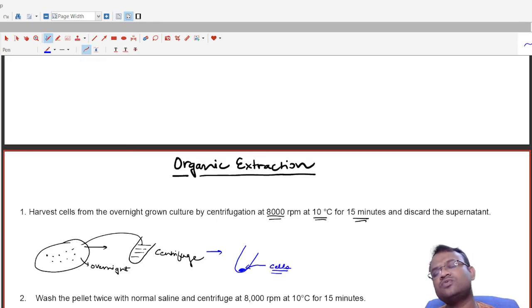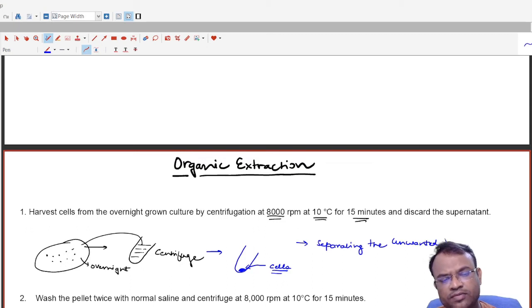So these would be the cells, and this step is separating the unwanted materials from the medium.